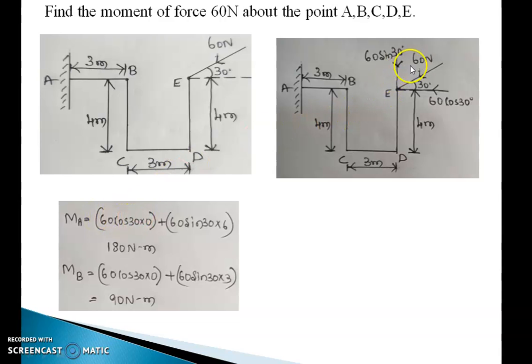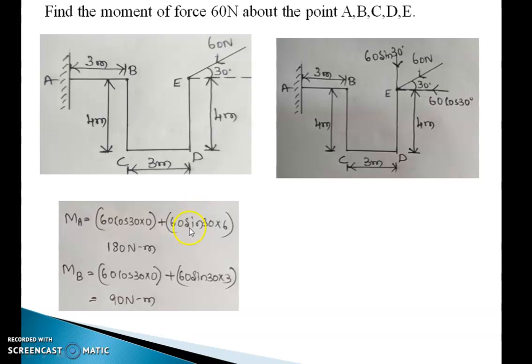Okay. Next, 60 sin 30. 60 sin 30 is a pure vertical force. So I need the perpendicular horizontal difference between A and E. The perpendicular horizontal distance between A and B is 3 meter, and between B and E is 3 meter. So 3 plus 3 is 6.